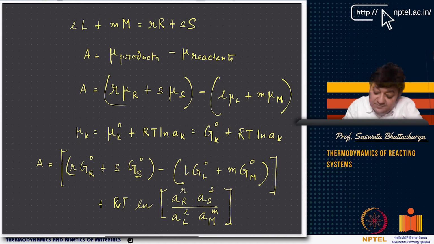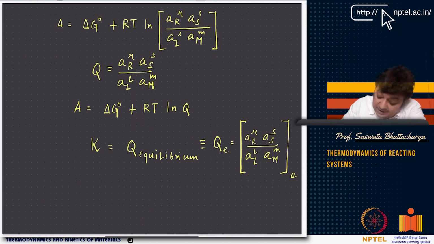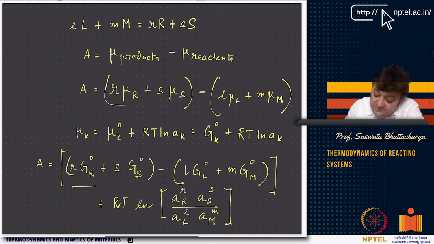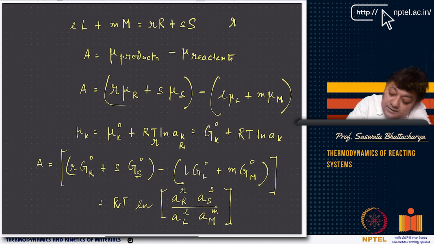So R times mu R is there, R times G_R^0, S times G_S^0, and so on, right? So when you have small r here and capital R here, r ln a_R is nothing but ln a_R to the power r.